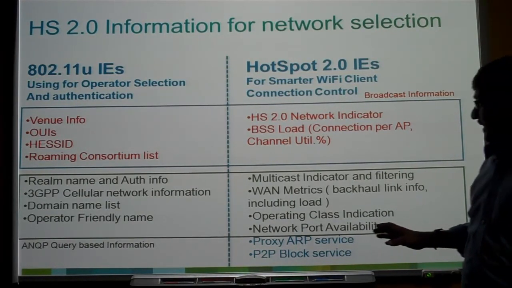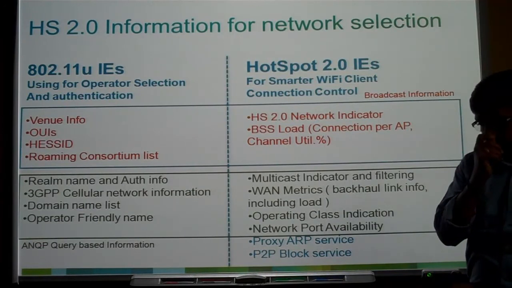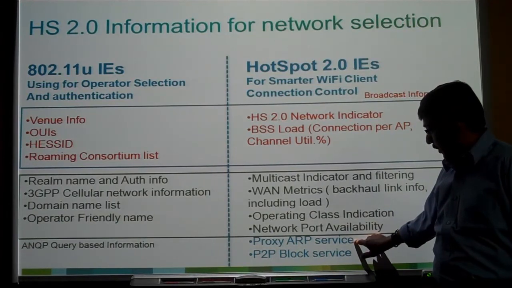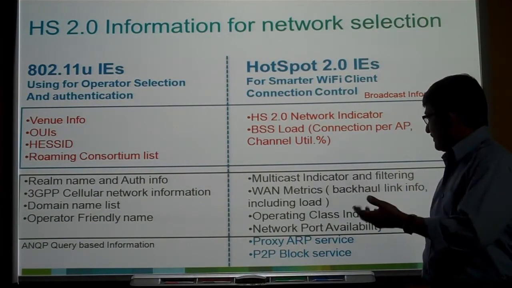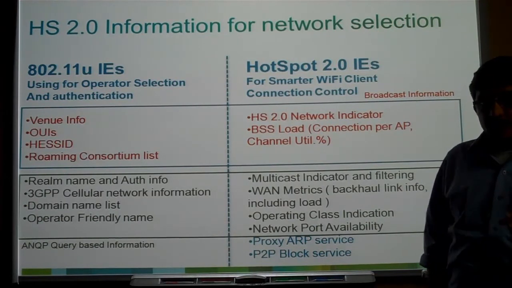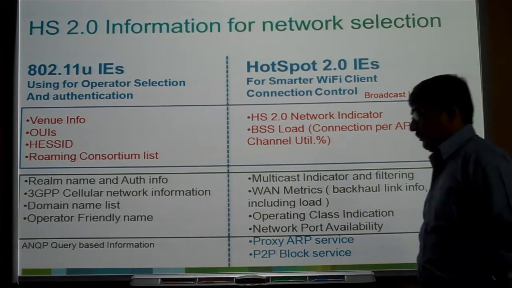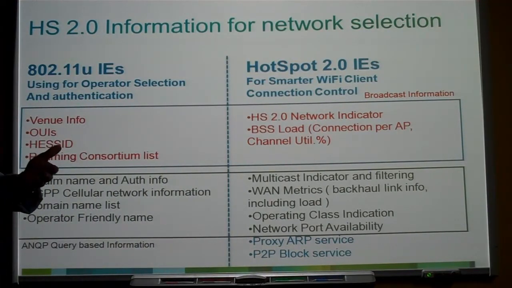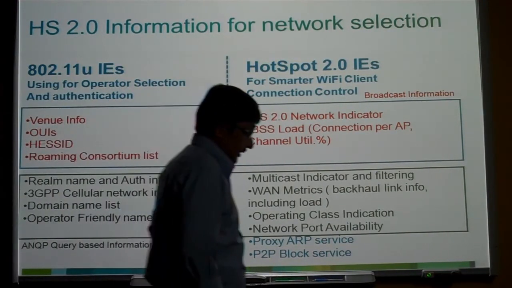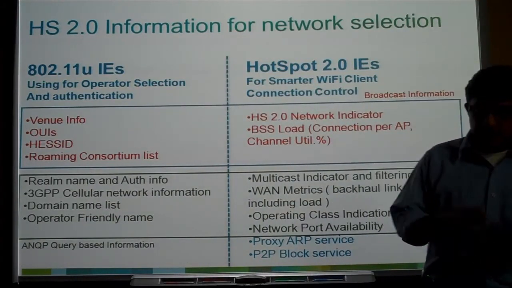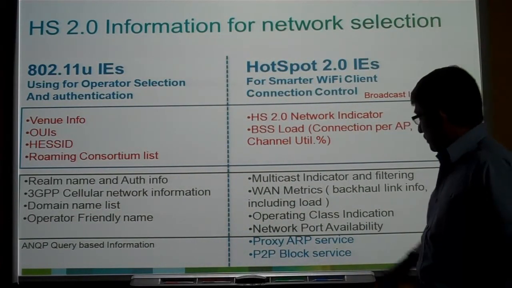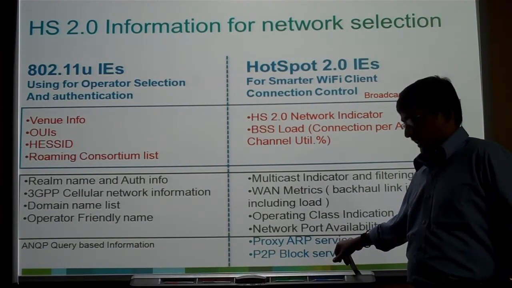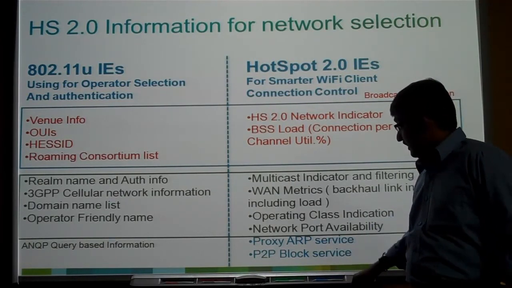And also, it's very important, there are two features at the bottom that we already do. Proxy ARP service is most important because if there is a broadcast from the wired network and it is passed on over the air, wireless is a shared media, and you lose a lot of bandwidth unnecessarily. So the controller does reply on behalf of the clients that are associated in run state.